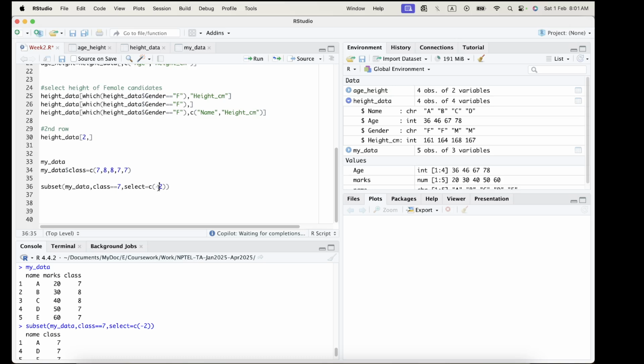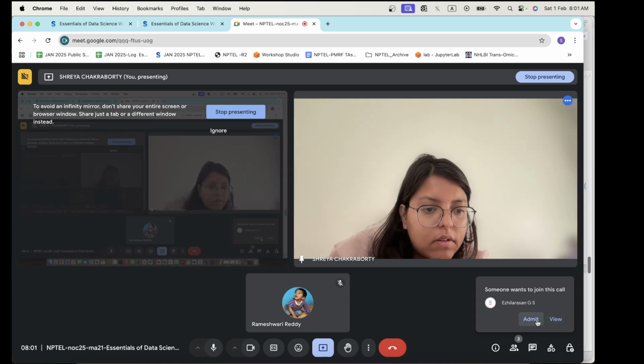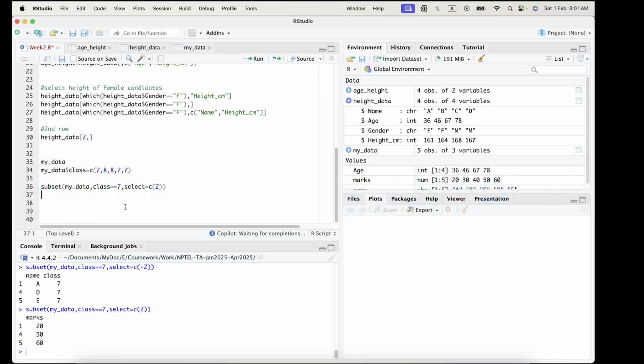So if I had given 2, then it would have returned only the marks. But here if I give -2, it will return everything except the column that I'm specifying here.